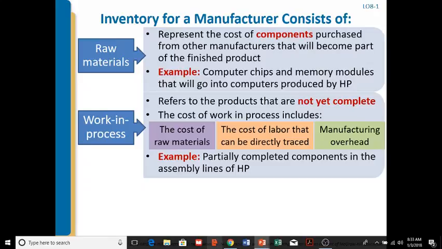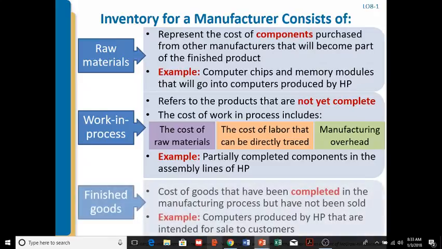And so anything that's partially completed, whether it's 1% or 99%, is listed as a part of the work in process inventory. And of course, if it's completed, it becomes part of the finished goods inventory. It's ready for sale, but not sold yet.